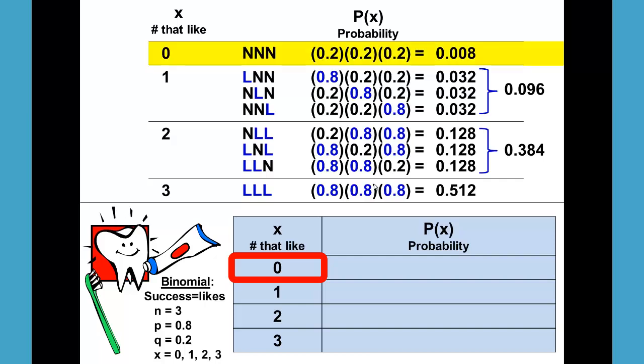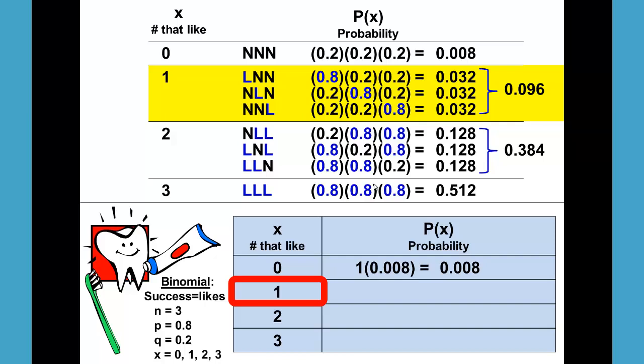If x equals 0, what is the probability? Since there's only 1 way, that would be 1 times 0.008, or 0.008. For x equals 1 child liking the toothpaste, notice there are 3 of the 0.032s, so we could multiply 3 times 0.032 and get 0.096.